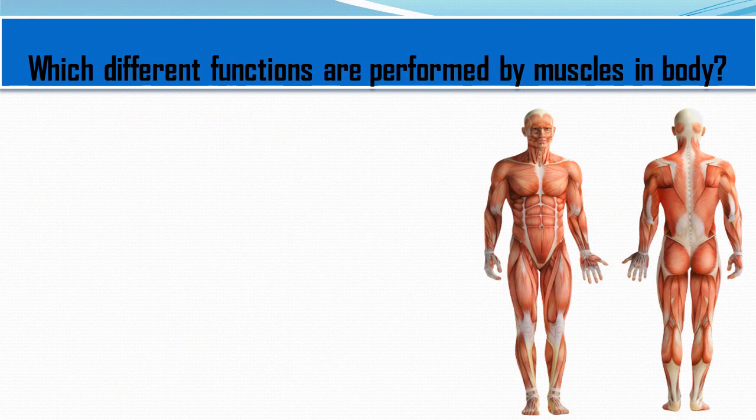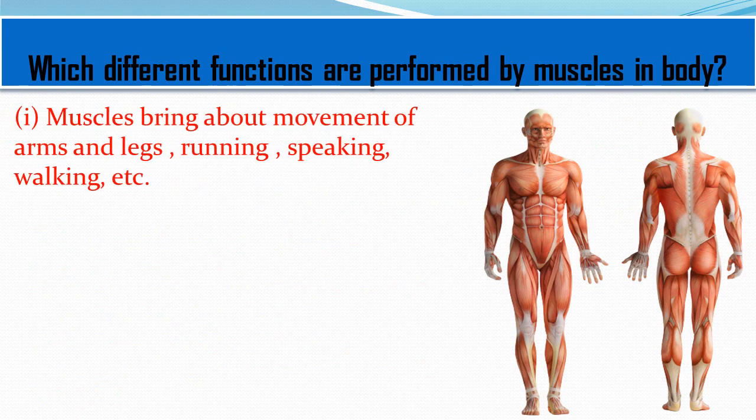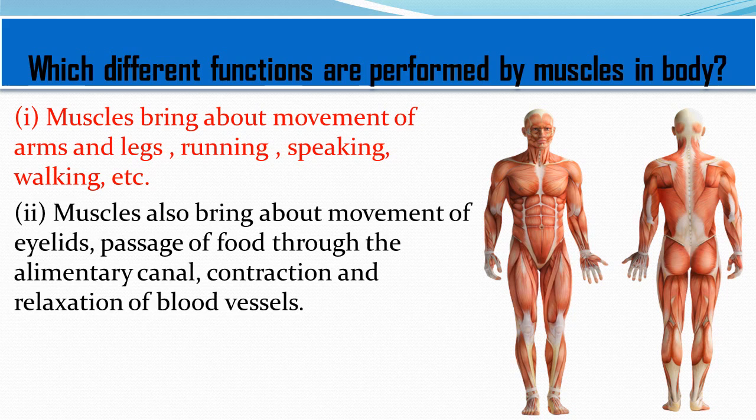Alright, next question: which different functions are performed by the muscles in our body? Muscles are all over the body, and they bring about movement of our arms and legs: running, speaking, walking. All these functions require muscular movement. Muscles also bring about movement of eyelids and passage of food through the alimentary canal. The alimentary canal is the food passage from mouth till anus, including the mouth, stomach and intestine. And our blood vessels contract and relax.